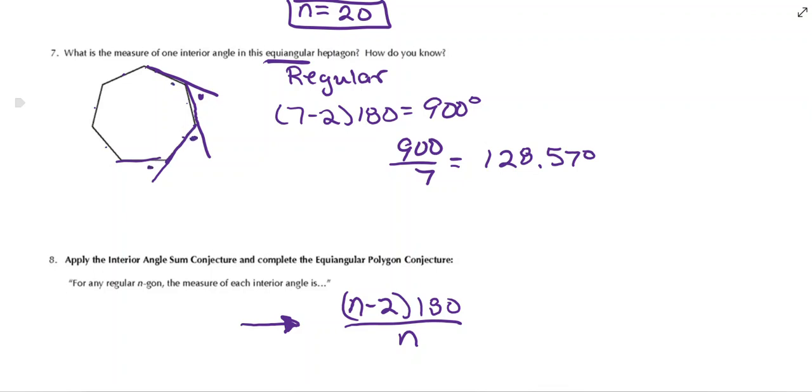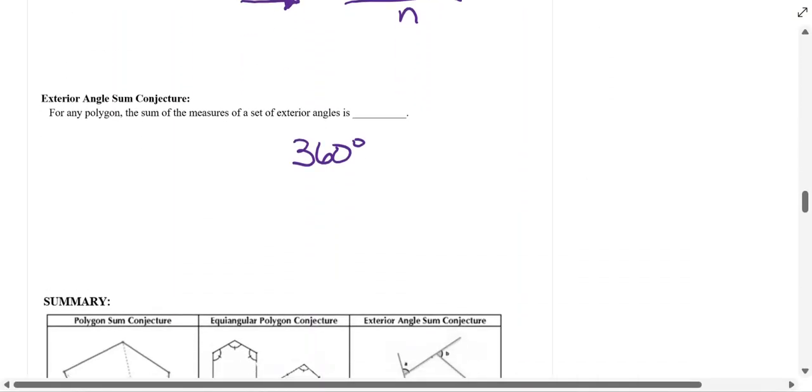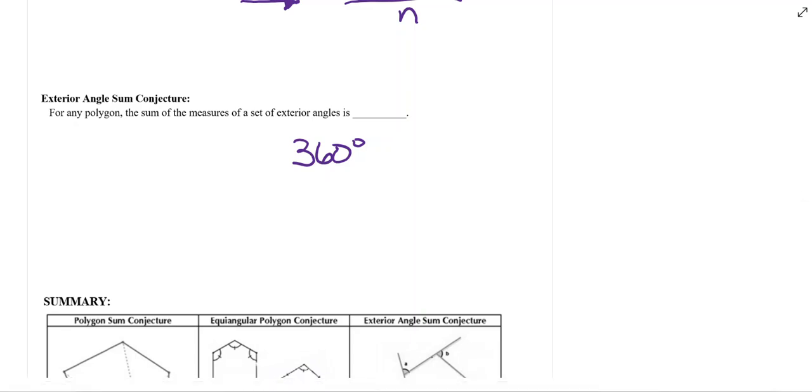We also know that the interior angle plus the exterior angle next to it equals 180, and we'll use that a lot. You could have 3 sides, and the exterior angles will add up to be 360 degrees. You could have 1,000 sides, and the exterior angles will also add up to be 360 degrees.